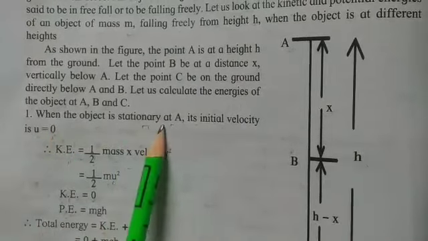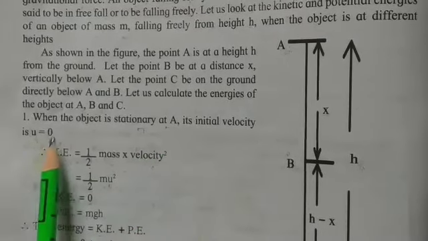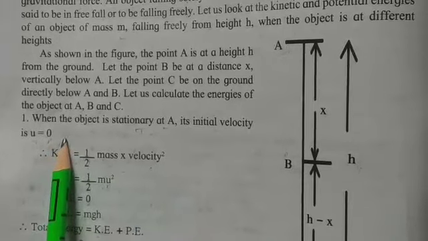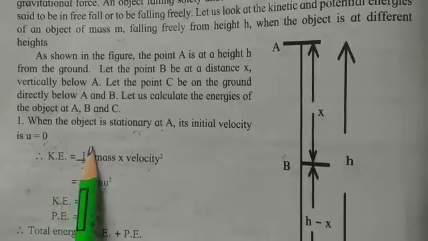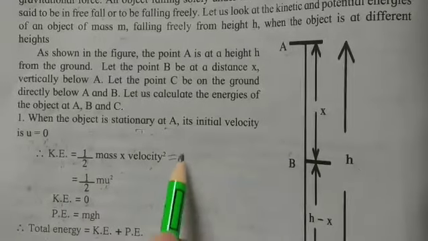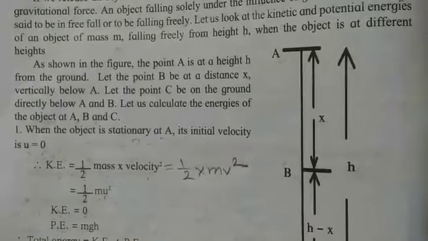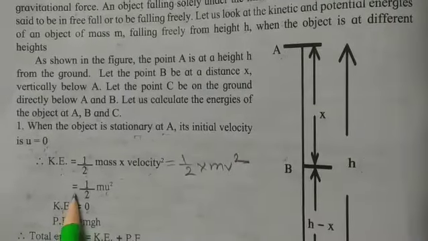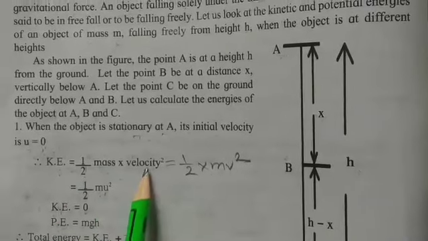When the object is stationary at A, its initial velocity u is equal to 0, because the object is stopped initially. Therefore, the kinetic energy, having the formula 1/2 mv square, is 1/2 mu square, because we are taking the initial velocity.